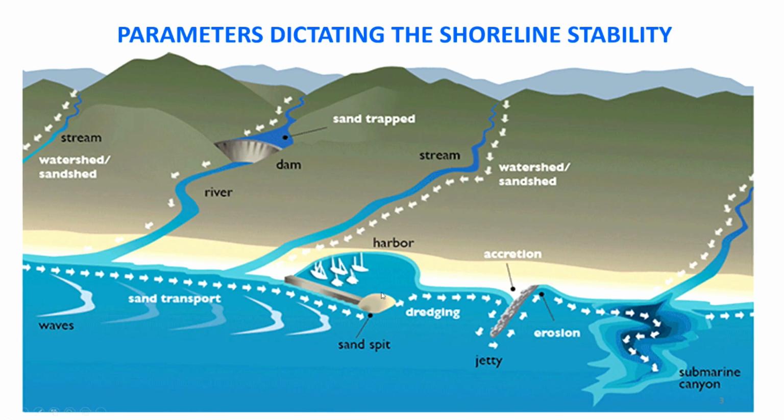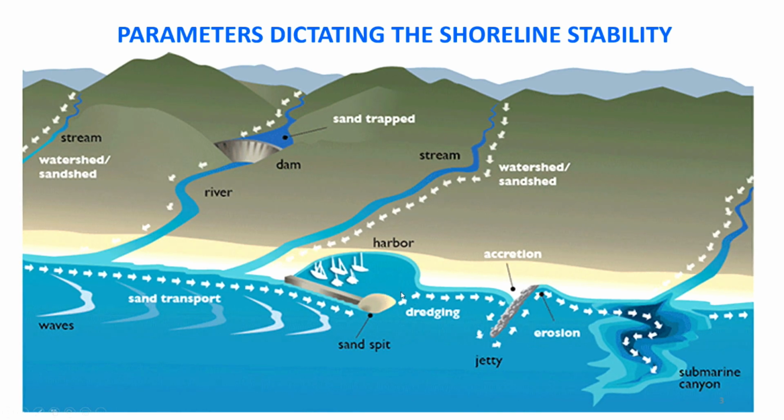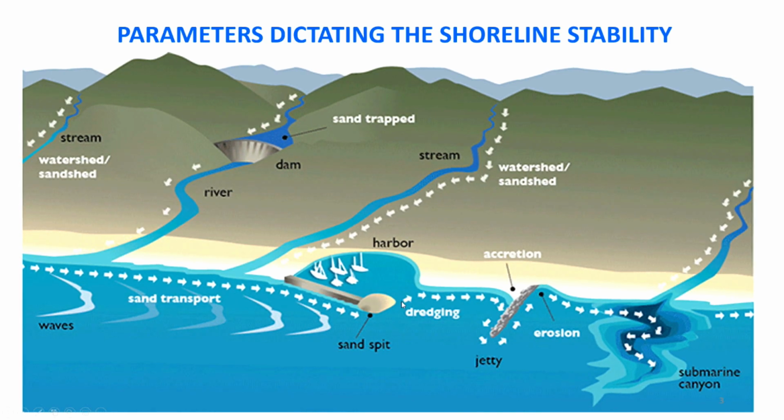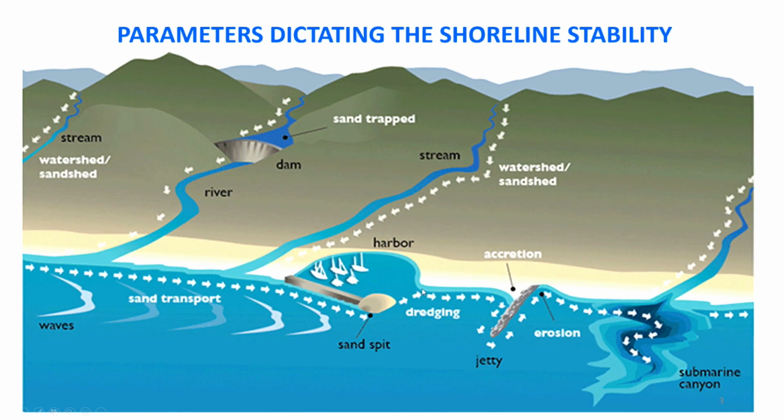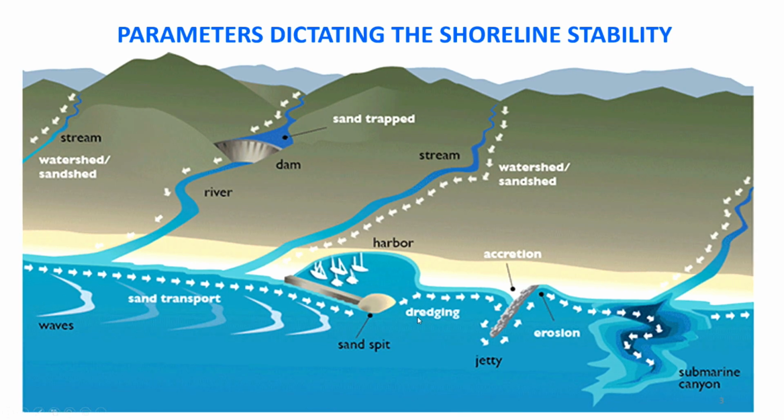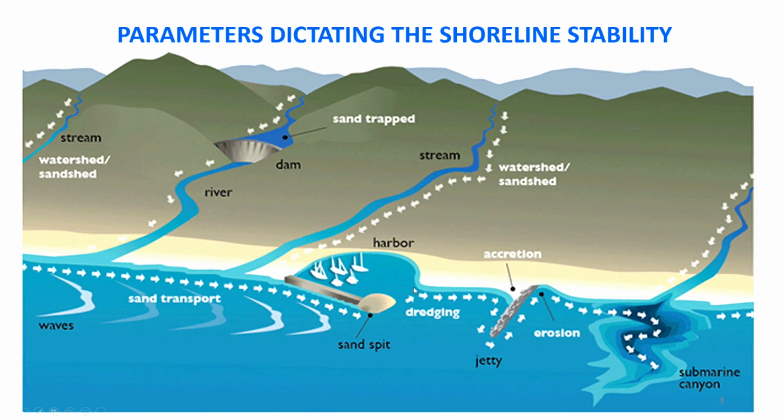So if the sand is quite heavy, it will slowly start settling down around this area, which is the approach channel to the harbor, and this will result in reduction of the water depth, that may even lead to grounding of ships.